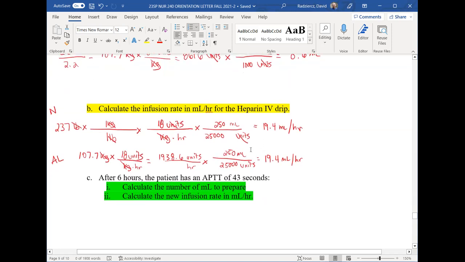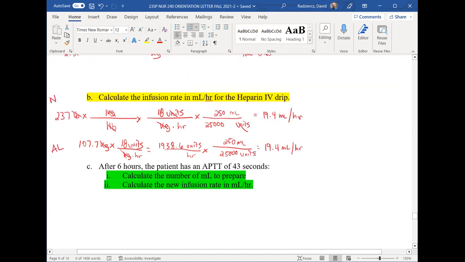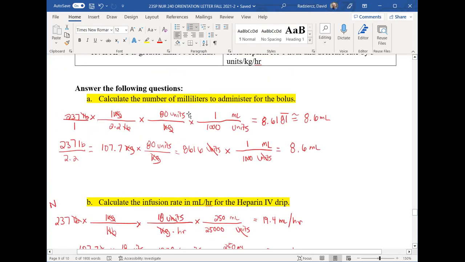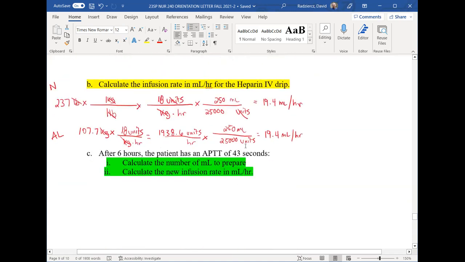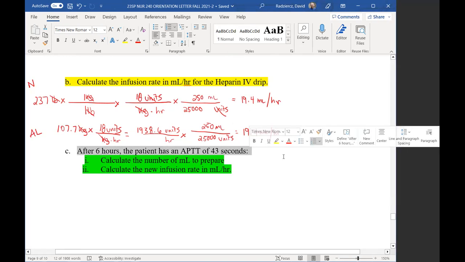Then there's 2 other questions, calculating a new bolus, calculating a new infusion rate. And on your test, you're either going to see the first 2, bolus and infusion rate, or the second 2, bolus and infusion rate.